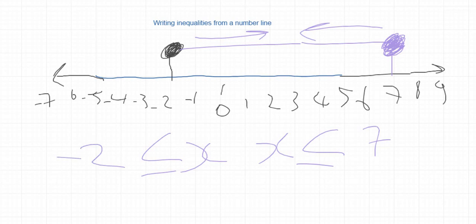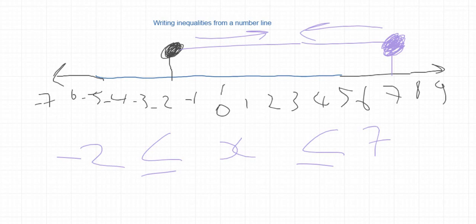And there you go. X is greater than or equal to negative 2, and it's a compound inequality, and less than or equal to 7.